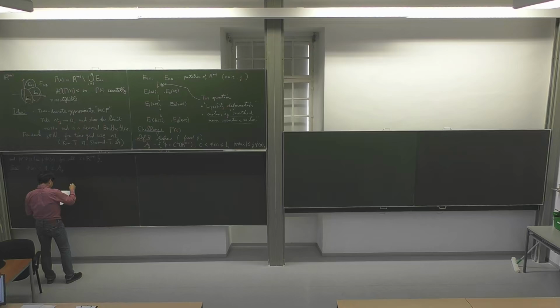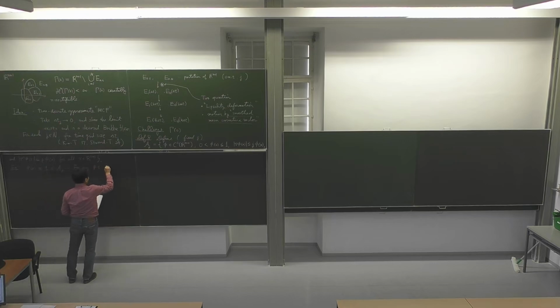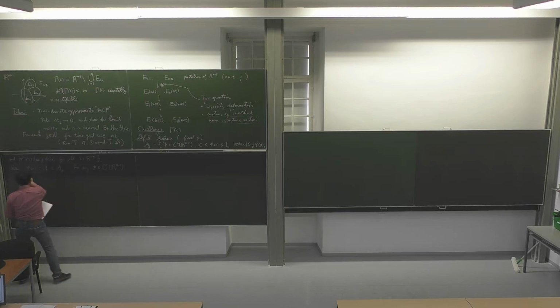And also note that for any phi which is C2 compactly supported, which we want to use as a test function at the end, and non-negative, let's take any arbitrary C2 compactly supported function which is non-negative, and strictly less than 1.